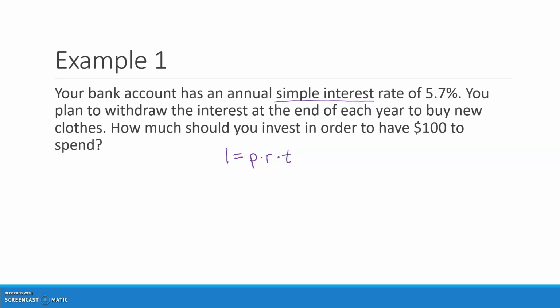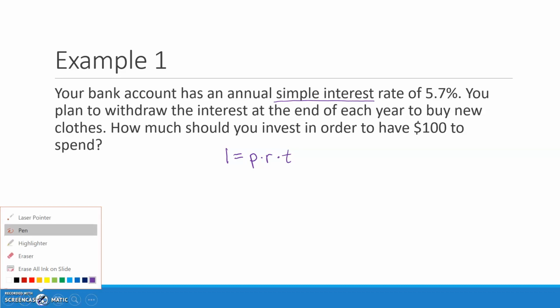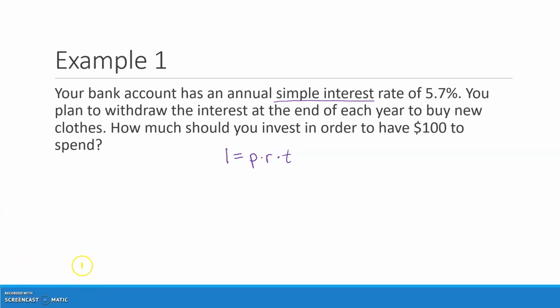All right, so let's look at what we do know. I'm going to use a highlighter on this one. You can use an underline, whatever you like. We have a rate of 5.7%. We know that it's at the end of each year, so that means we're just looking at 1 year at a time. And we want $100 at the end.